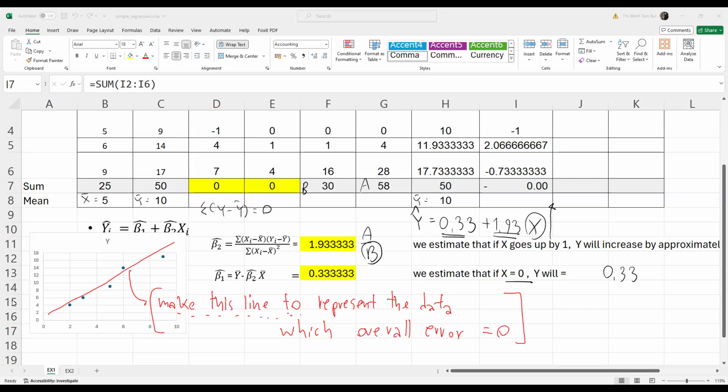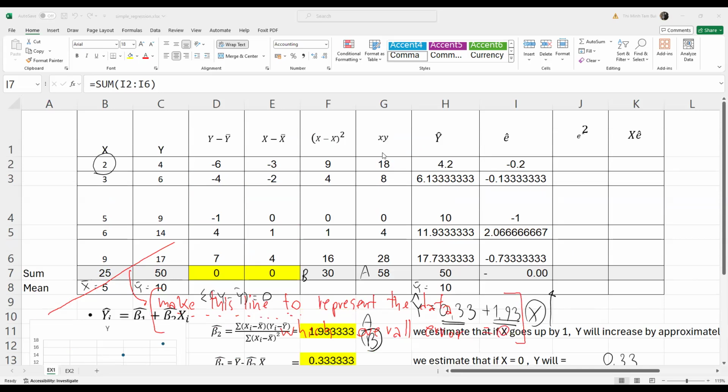Do you know the method behind this? After you get the data, they try to make one line that will represent this data, and this line will make the overall error 0.